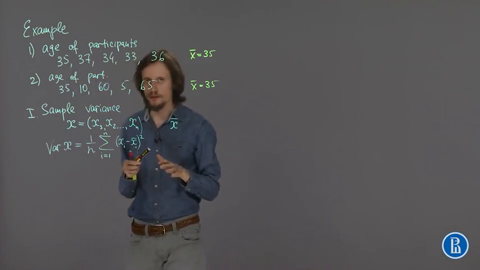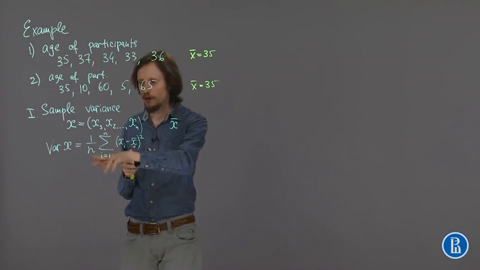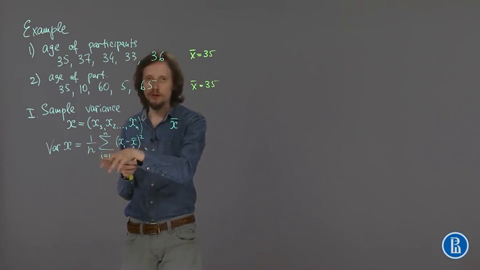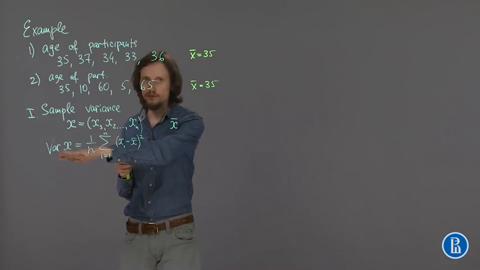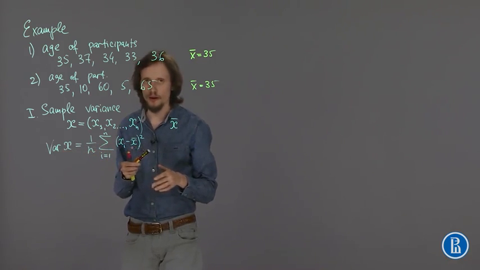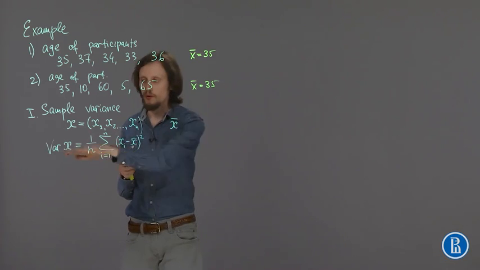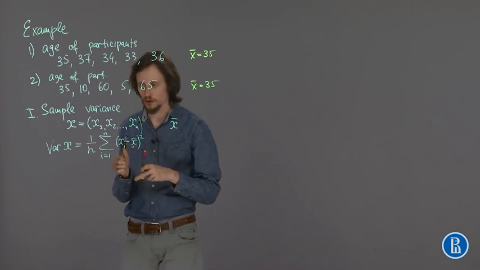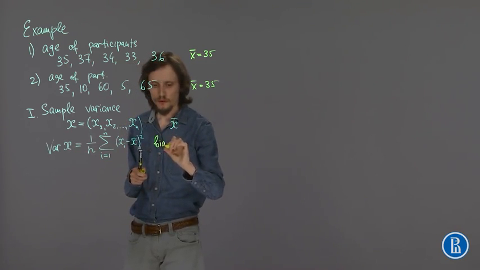Due to some statistical reasons that we will discuss later, we can write here n minus 1 instead of n. In a sense, the variant of this variance formula, where n is replaced with n minus 1, is better than this variant. So this variant is called biased sample variance.